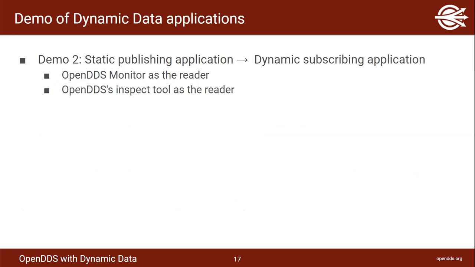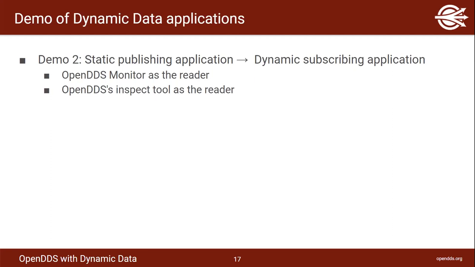Okay. Thank you, Fred. So in the previous slide, we have seen a demo, an example of a dynamic data writer talking to a static data reader. And in this part, I'm going to talk about another use case of dynamic type.